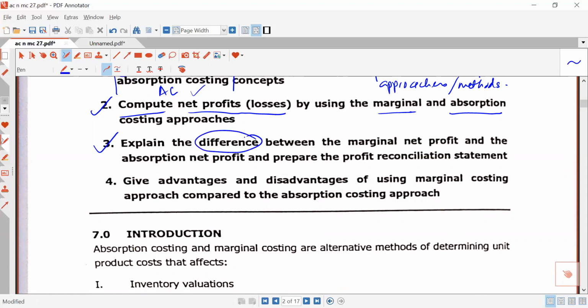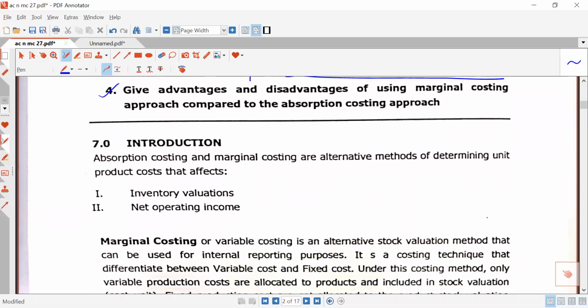So we're going to explain why there is a difference between the marginal net profit and the absorption net profit. We are also going to look at how to prepare the profit reconciliation statement. And of course, the last one will be the advantages and disadvantages of using the two approaches.